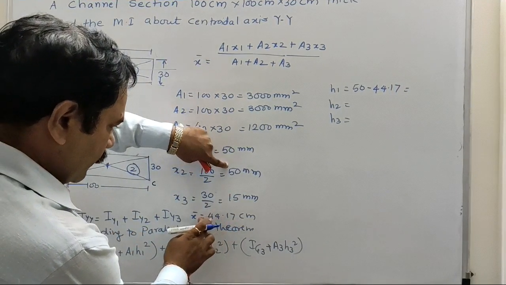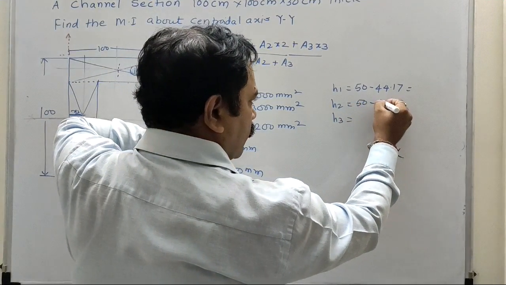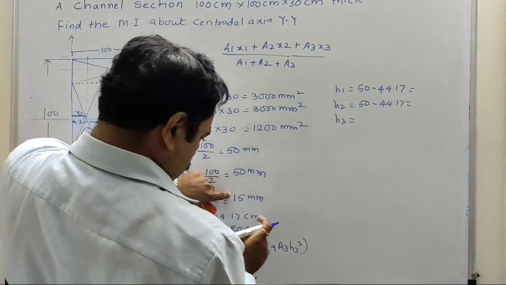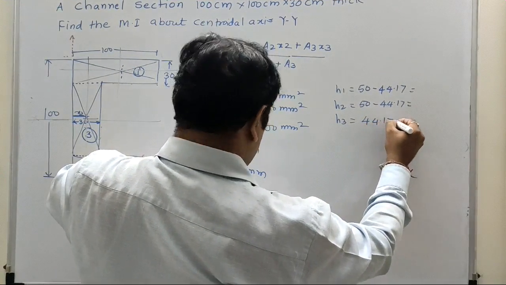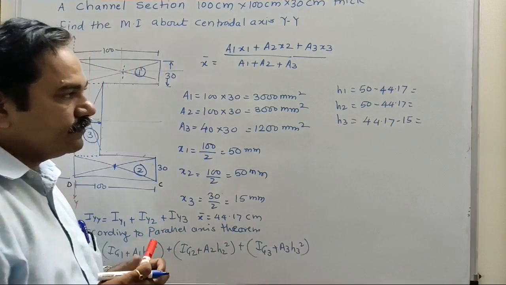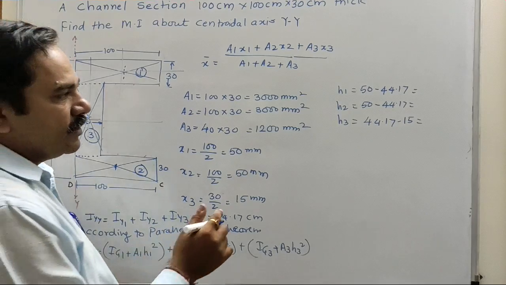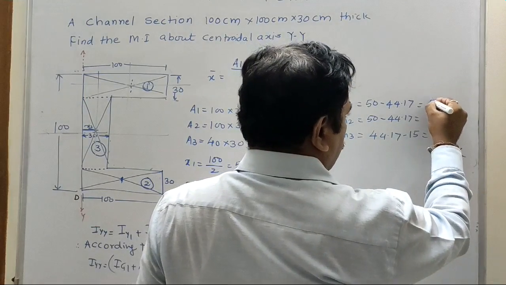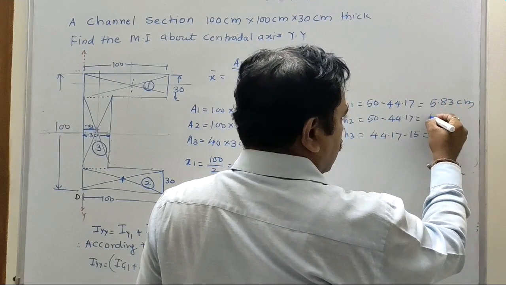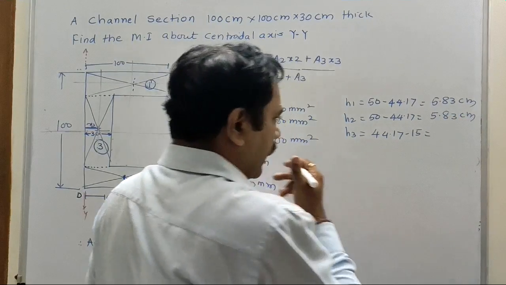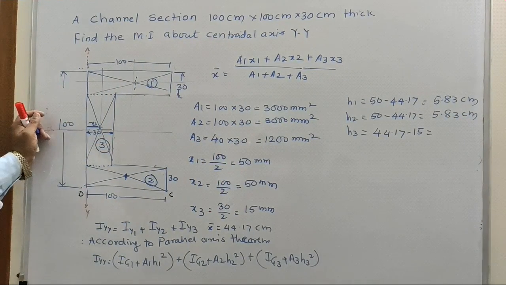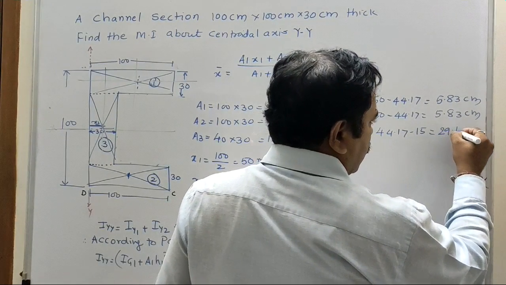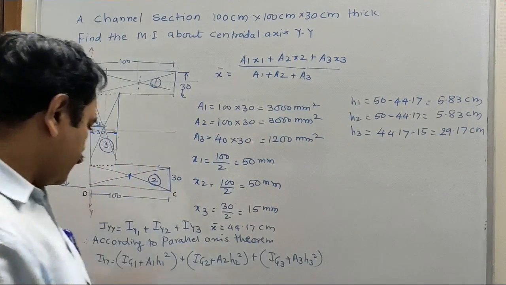H2 is 50 minus 44.17 and H3 is 44.17 minus 15. So we get H1 as 5.83 centimeter, second also 5.83 centimeter, and H3 as 29.17 centimeter.